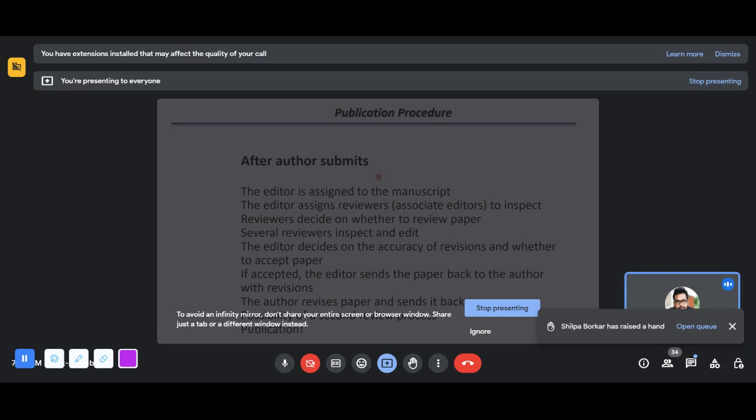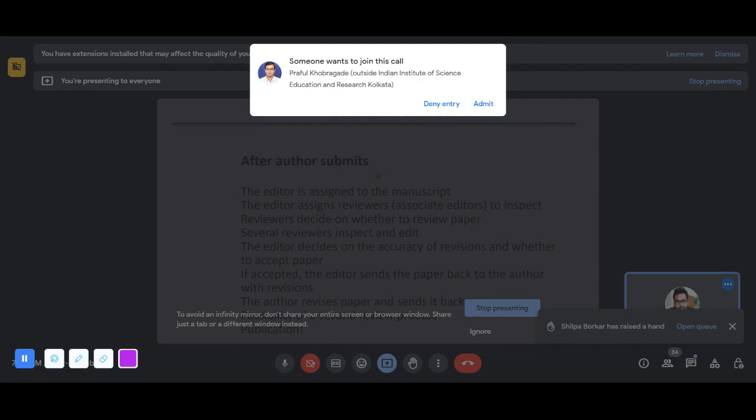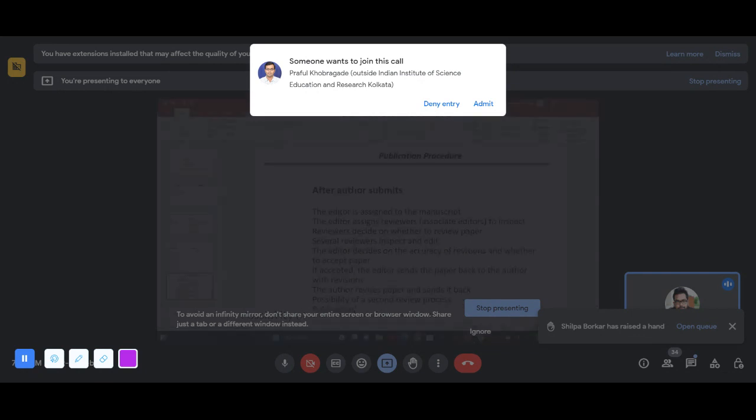But if he thinks it has enough material, then he will send your paper to two or three, depending on the journal, reviewers of that particular field, because the associate or executive editor will not be from the particular field you have submitted your work in.